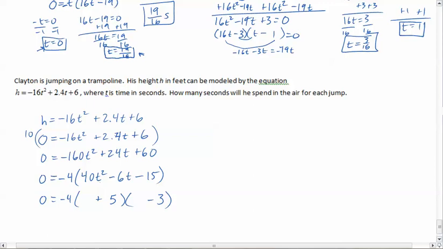And then maybe looking at the 40t squared, maybe 8 and 5. I don't know. Let's see if it works. Let's go with 8 here and 5 there. So 8 times 3 is negative 24. 5 times 5 is 25. That didn't quite work as well as I had hoped. So let's get rid of it. So 8 and 5 didn't work.